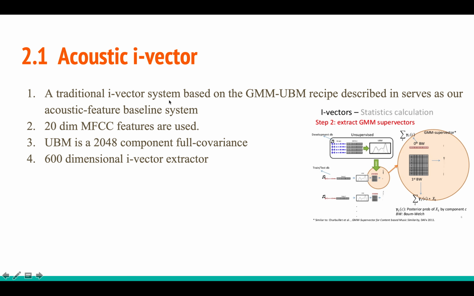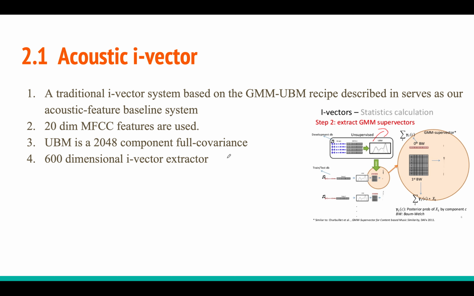So coming to the acoustic iVector, it is basically the same old iVector system where you have a UBM. Using the UBM you create speaker dependent GMMs. These speaker dependent GMMs give you the means of the speaker, and if you concatenate the means of the speaker dependent GMMs, you get a supervector. The supervector is a very high dimensional vector.